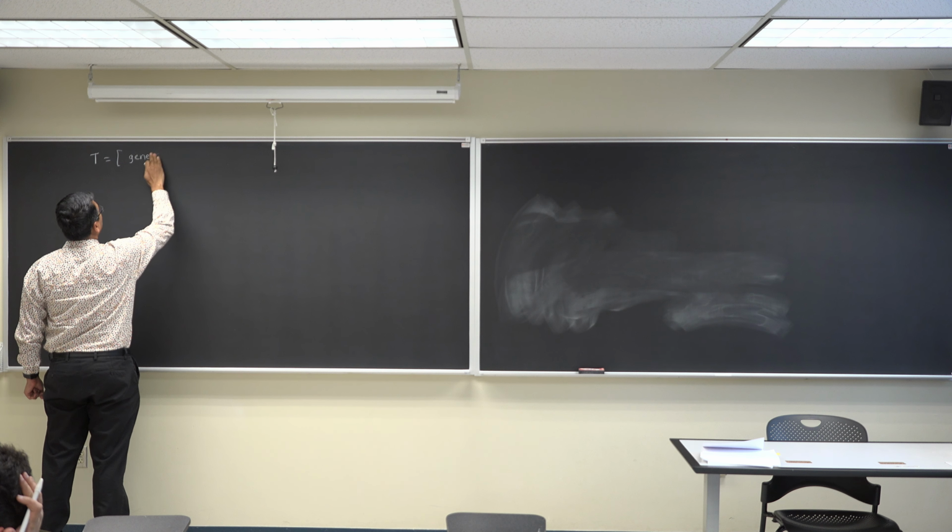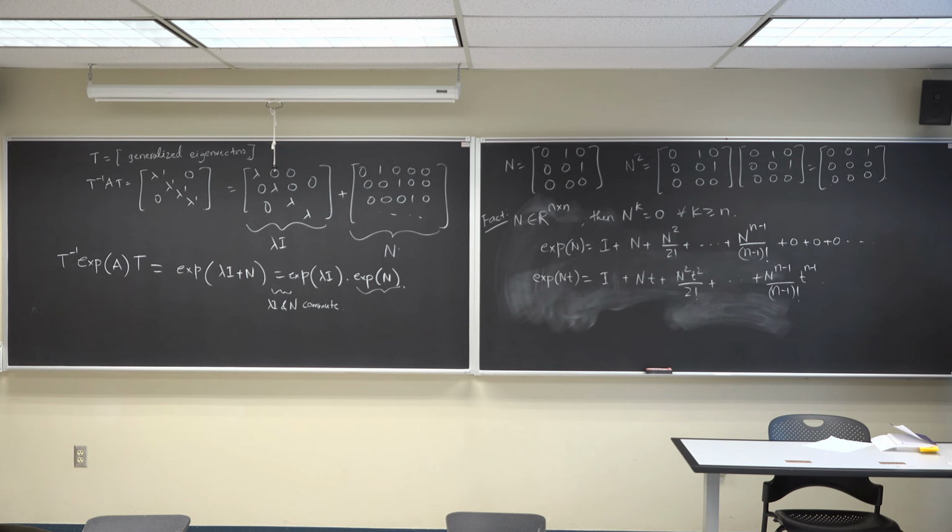Oh, I doesn't get multiplied by T. So it's I plus N T plus N square T square over 2 factorial, plus N raised to n minus 1 over n minus 1 factorial times T raised to n minus 1. So this is what the exponential of N T is going to look like.